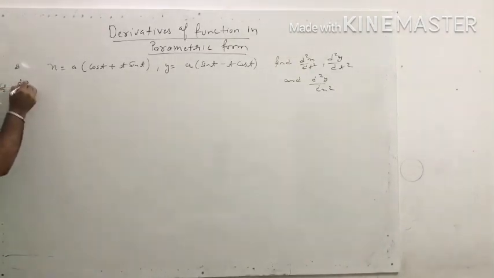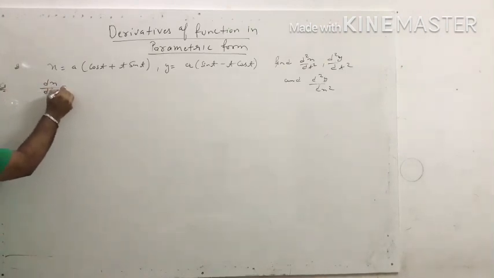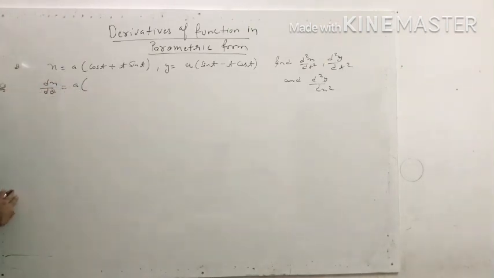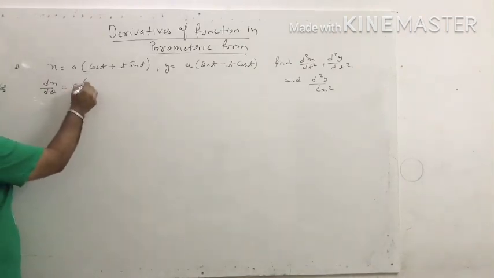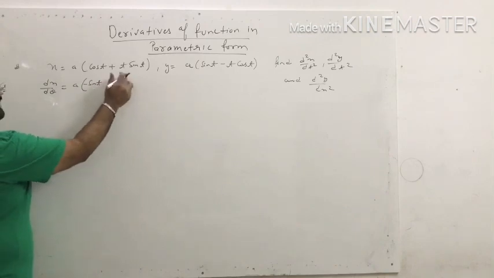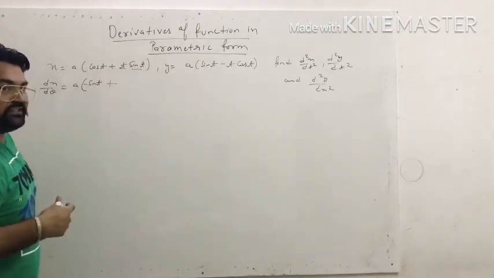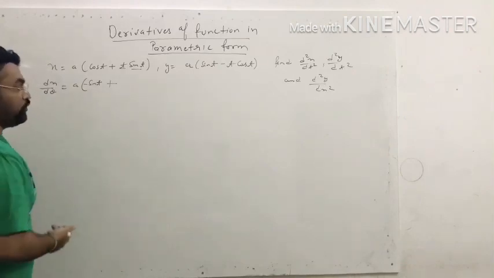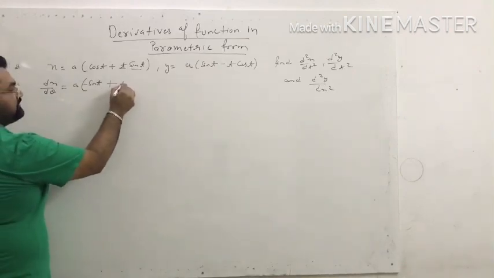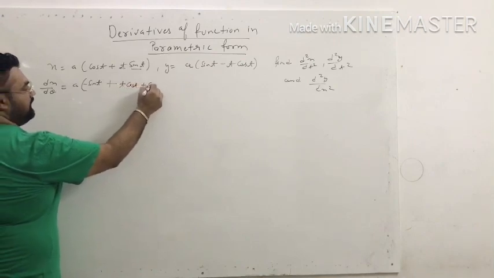Now dx/dt. a is constant. The derivative of cos t is −sin t, plus. Whenever there are two terms in a derivative, we use the product rule. Product rule is: first term same, derivative of the second, plus second term, derivative of the first.